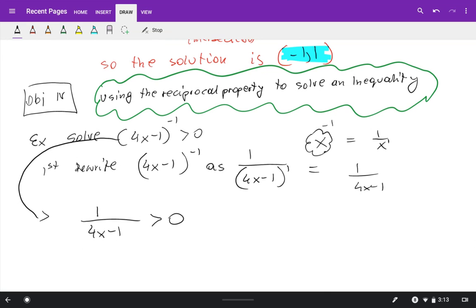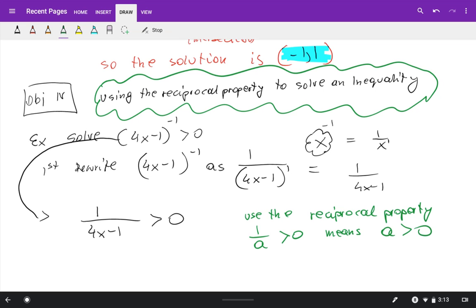Okay? And I'm going to use the reciprocal property. So if the reciprocal of A is greater than 0, that means that A has to be greater than 0.